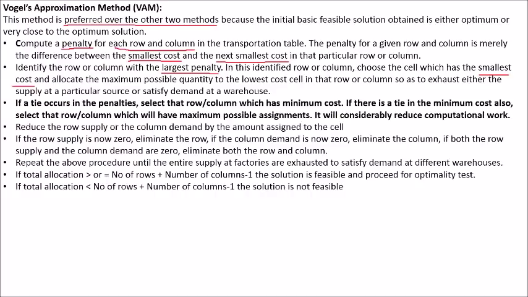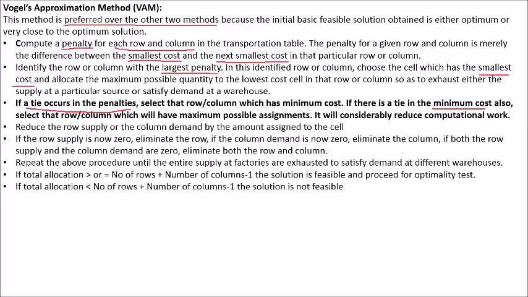Okay, in case there is a tie in the penalty, you can arbitrarily select a cell, but to reduce the computational work, if you have more assignments possible, choose accordingly. So if there is a tie between 2 penalties, penalties being calculated for a row and column, select the row or column which has the least cost.